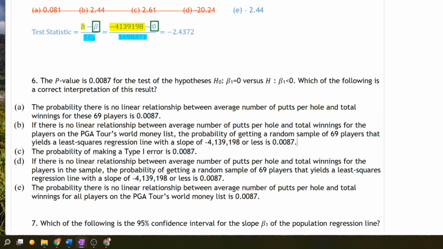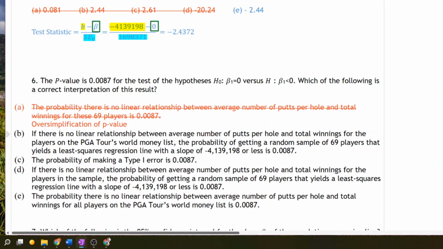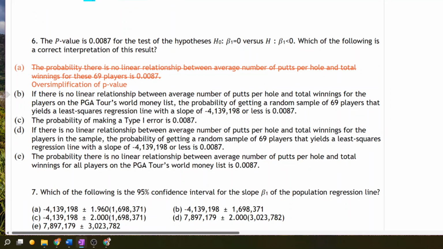The p-value makes the assumption that the null hypothesis is true, so there is an assumption that beta is equal to 0. Then the p-value would be the probability of obtaining a value of b, the value that we got, that negative 4 million number, or smaller. So that's an incorrect answer.